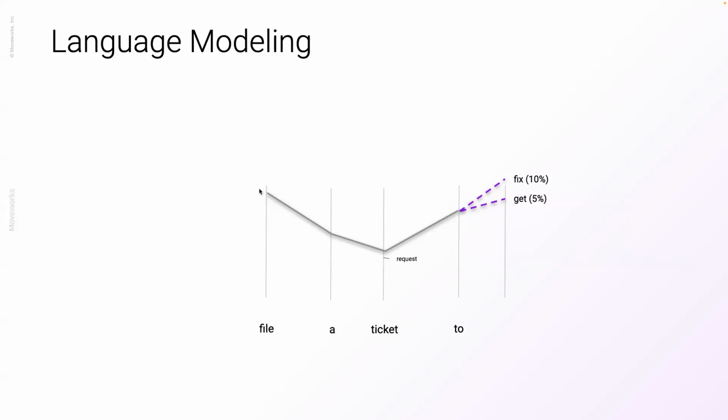Also, these things get updated as they go. At the beginning, file by itself was probably down here, but as soon as you add ticket to, a large language model, because of the way it's trained, will adjust how it's representing them, contextualized on the rest of the sentence.